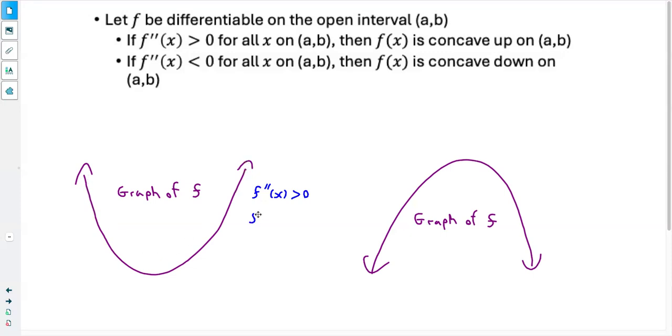So we can say from this that f prime of x, which would be our slope, is increasing at all times, because we can see that we had a fairly negative slope, it becomes less and less negative, and then becomes positive and increases and becomes steeper and steeper. I should also mention this one would be concave up.